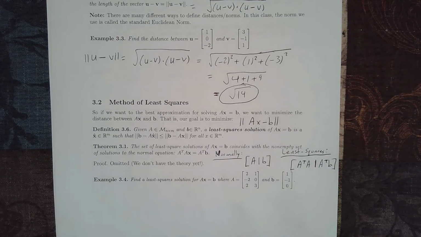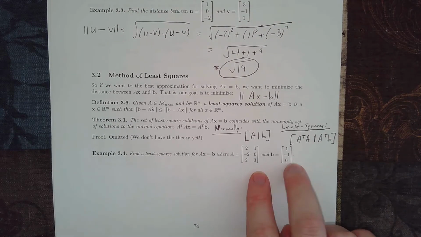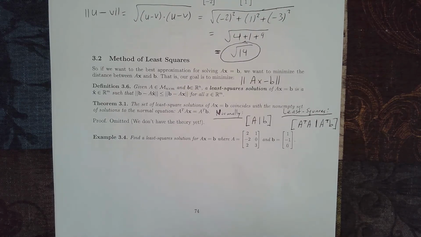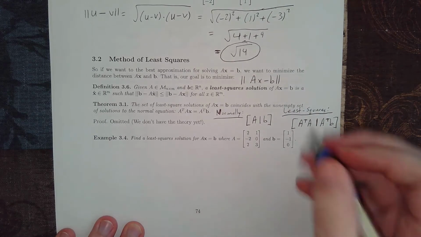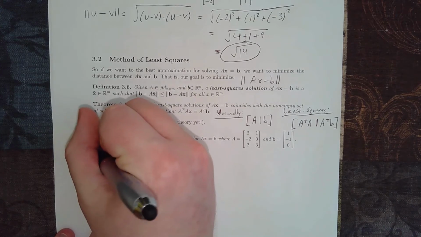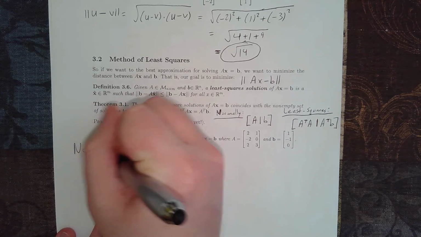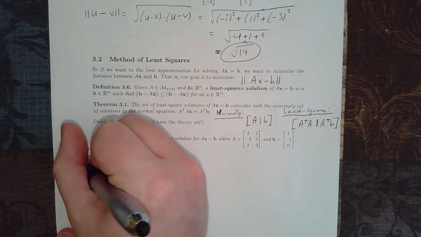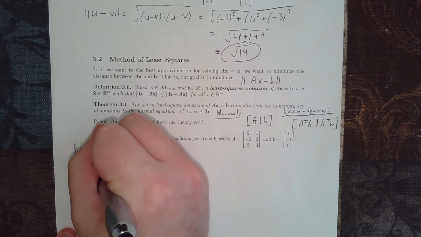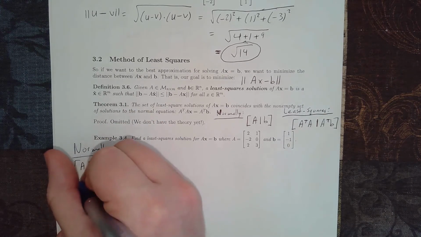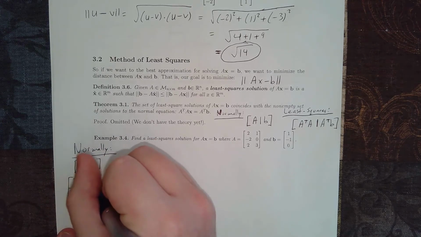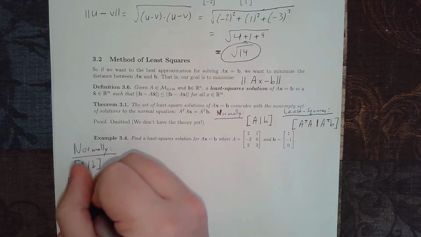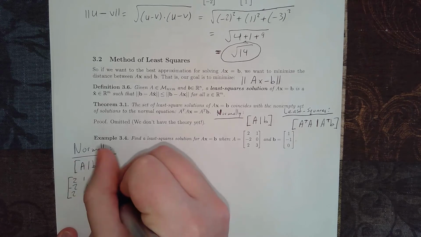So let's say we want to find the least squares solution for this A and this b. So normally we would do A augmented with b, and we would do 2, 1, 1, negative 2, 0, negative 1, 2, 3, 0.